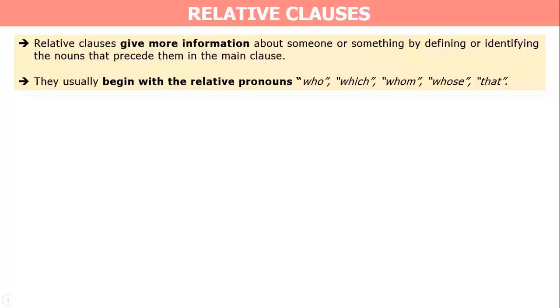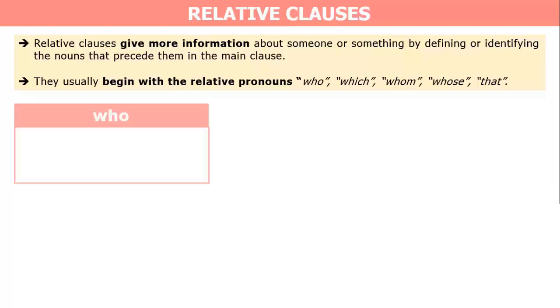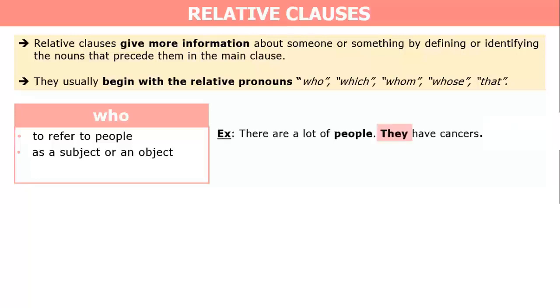Firstly, who. What is who used for? We use who to refer to people. It is used as a subject or an object. For example, we have two sentences here. There are a lot of people. They have cancers.